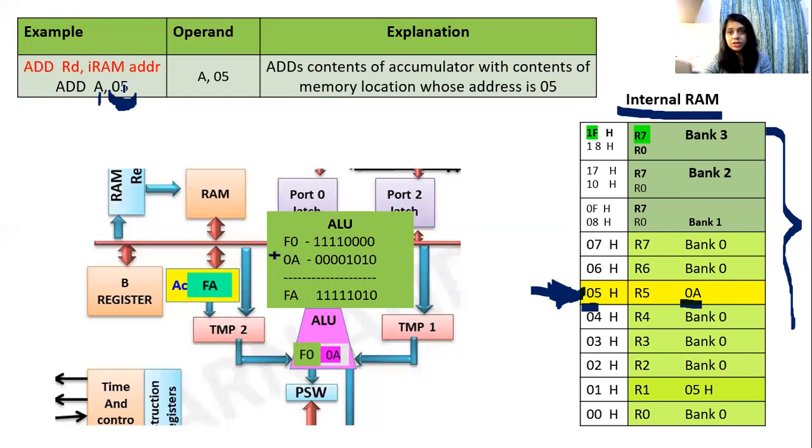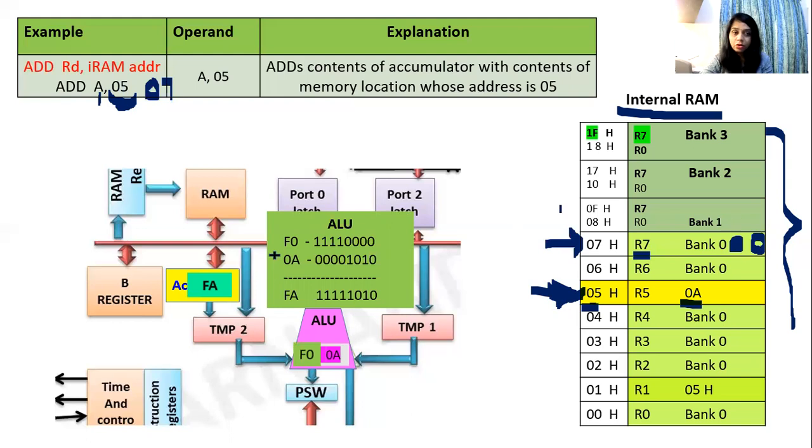Suppose here in place of 05, I have written say 07. If it is 07, where is 07? 07 is here. So it will take the contents of the R7 register. Suppose it is 00. If the contents of R7 is 00, it will add F0 and 00. And so on.